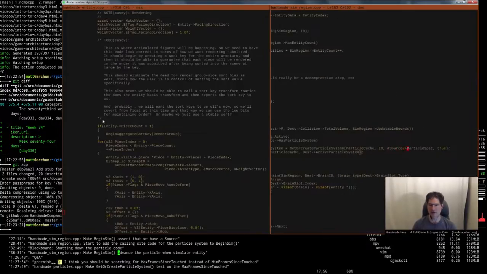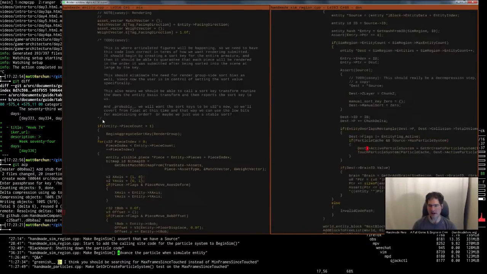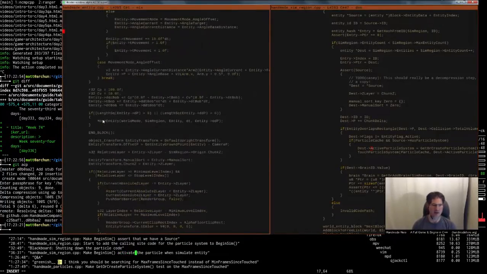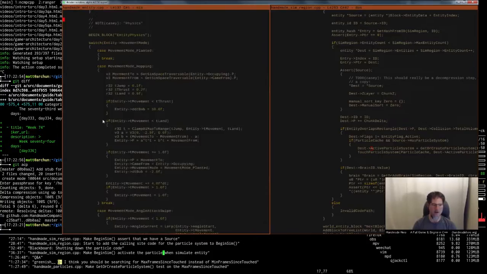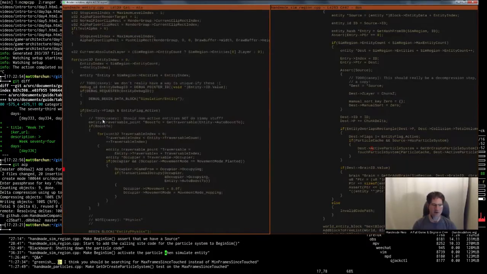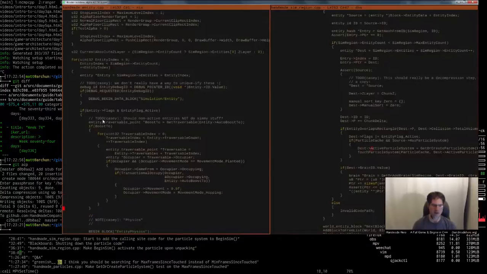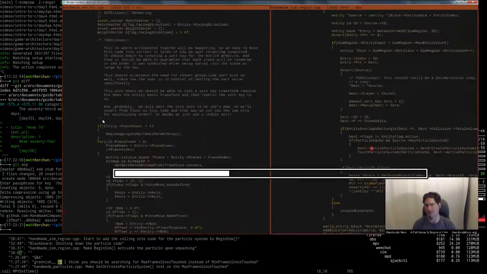And so basically what we do is we have the particle spec. It gets unpacked essentially to the active particle system here, which is something that we'll track in the entity structure.